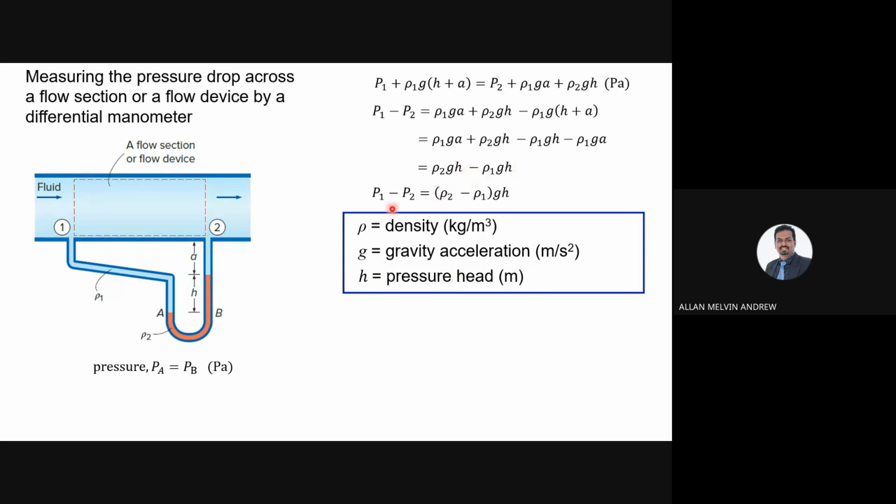So you simplify it, and you get P1 minus P2 equals rho 2 minus rho 1 times gH. This is the formula that you can apply. You don't need to do a lot of calculations, you just need to substitute the values inside here, and you will get the pressure difference.